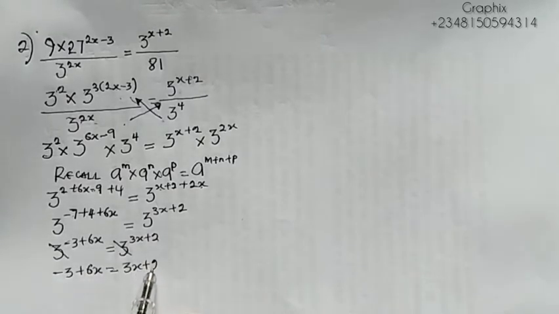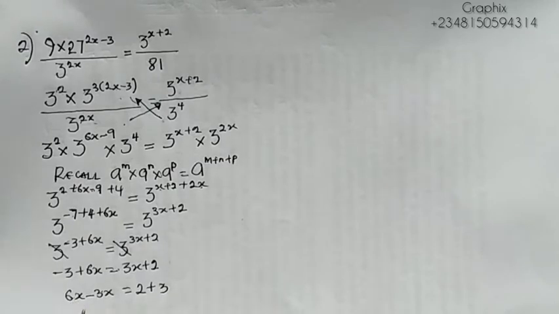Now the next thing you do here, you collect like terms, bring the similar ones together. So I'll leave 6x here. I'm going to bring 3x here, so the positive turns to minus. I'll be having 6x minus 3x equals, I'll leave 2 here. I'm bringing minus 3 here to become plus 3.